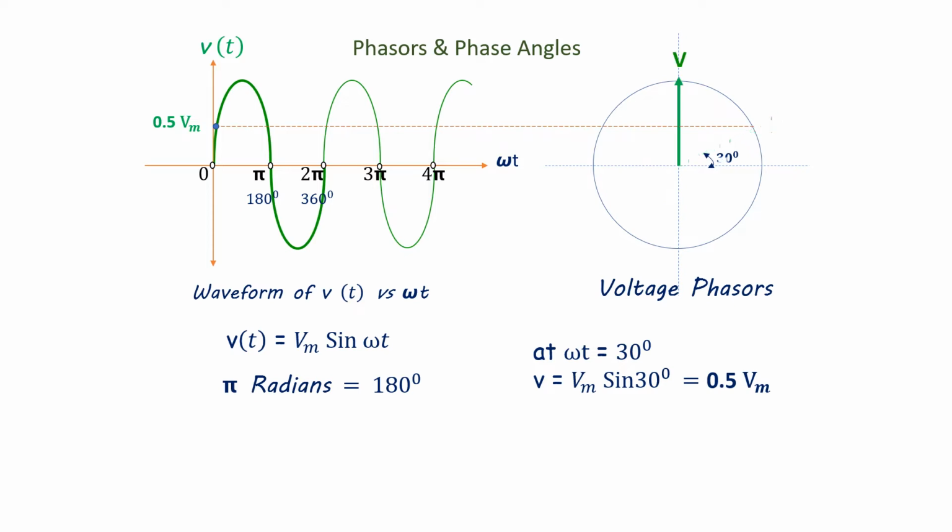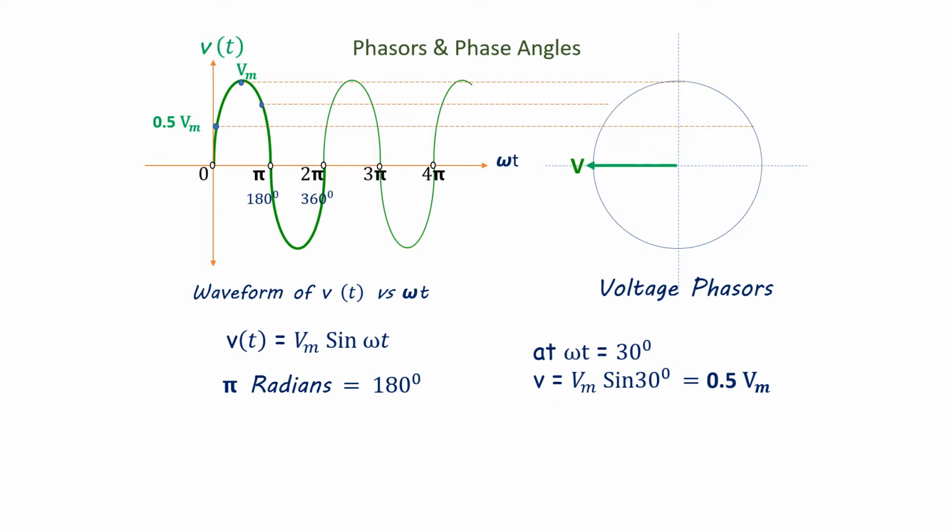Now the voltage phasor has rotated 90 degrees. At 90 degrees, if you calculate from the equation, the value will be Vm sine 90 degrees, which will be equal to Vm. Further rotation, the value of V from the waveform will start decreasing.